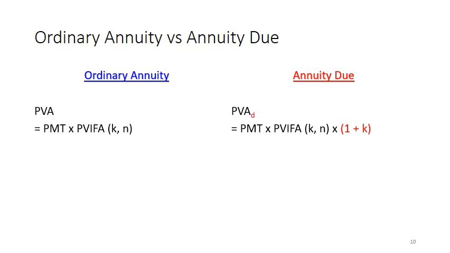So take note, it's quite simple. The formulas are similar except annuity due has an extra 1 bracket 1 plus k. Annuity due has one less discounting period. These are the key differences between these two annuities.